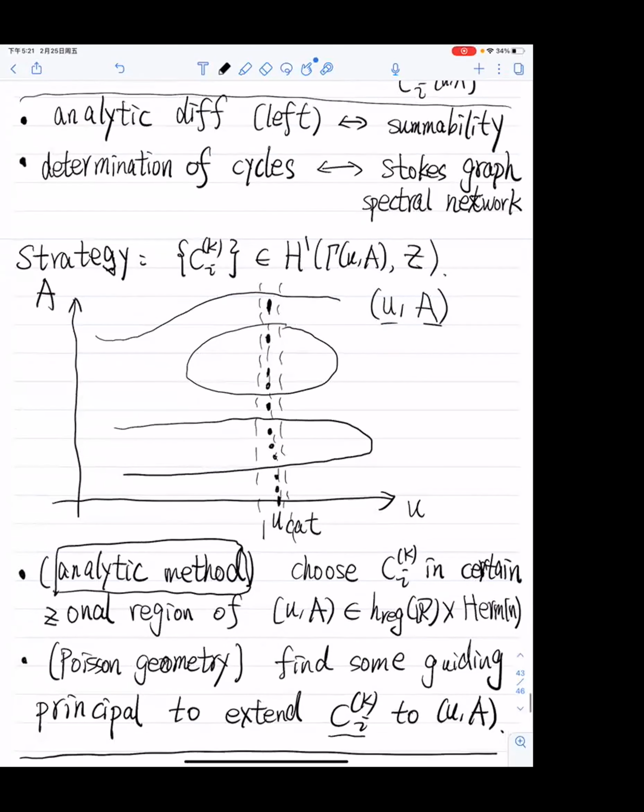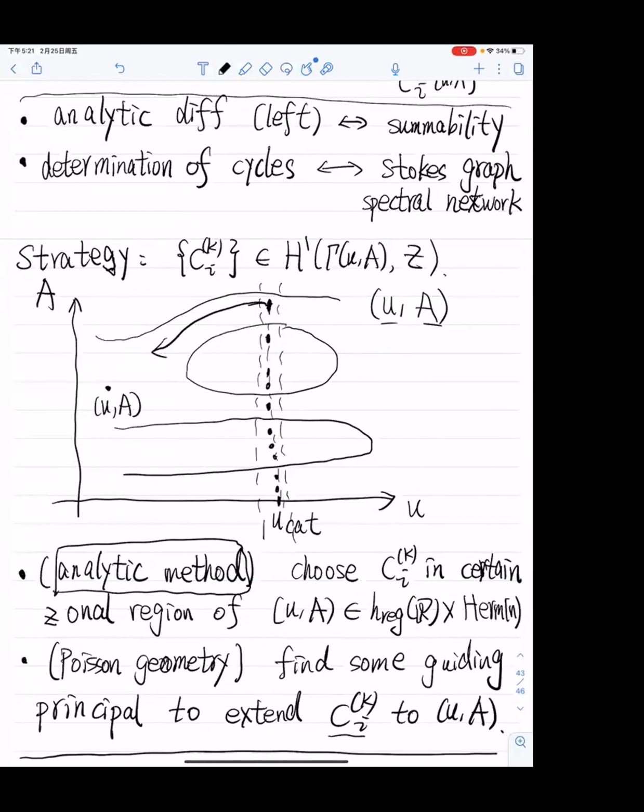Another thing is that we want to extend the cycles. For example, at this point U_A, we want to choose some cycles and show that the periods of the cycles coincide with the asymptotics of the Stokes matrix.